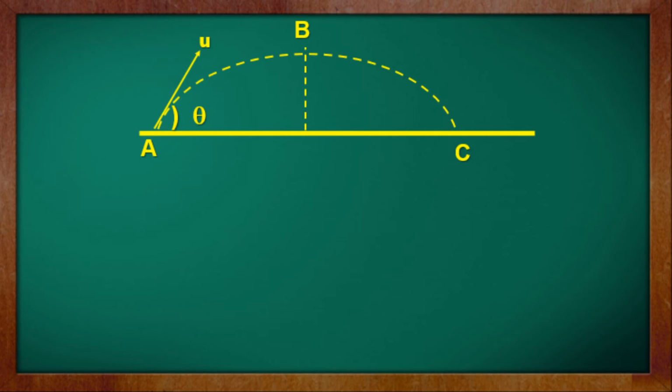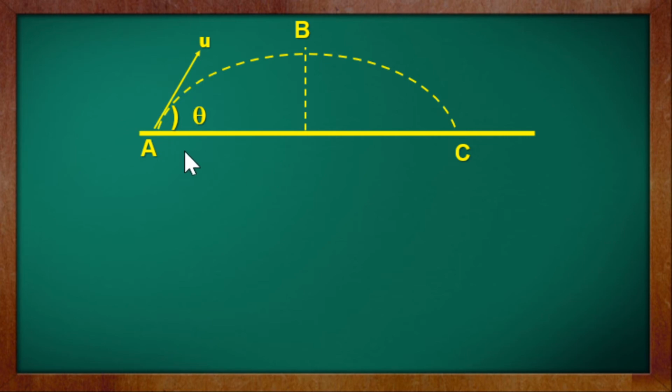Projectile motion is an example of two-dimensional motion because it moves horizontally, and at the same time it moves vertically. You can see as it moves along the horizontal, its height also continuously changes. So that's why it is called two-dimensional motion.